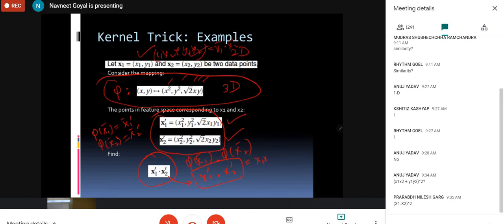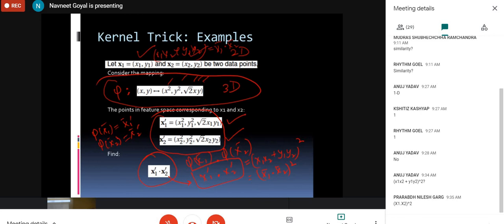I'm not writing one step in between, but you understand. So you see, the computation between x1 dash and x2 dash gets converted into computations between x1 and x2. Are you getting this?